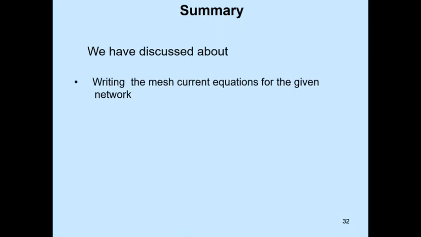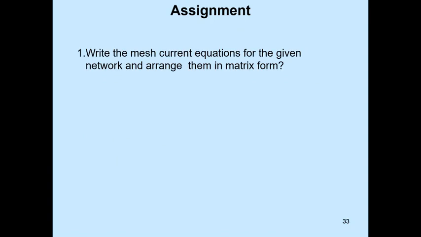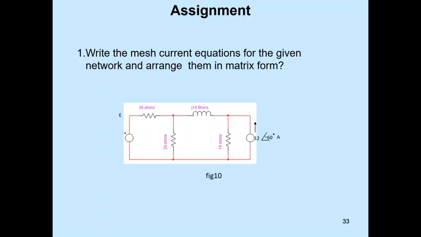So till now we discussed about the mesh equations. We discussed writing the mesh current equations for a given network and arranging the mesh current equations in matrix form. So take the assignment. Write the mesh current equations for a given network and arrange them into the matrix form.